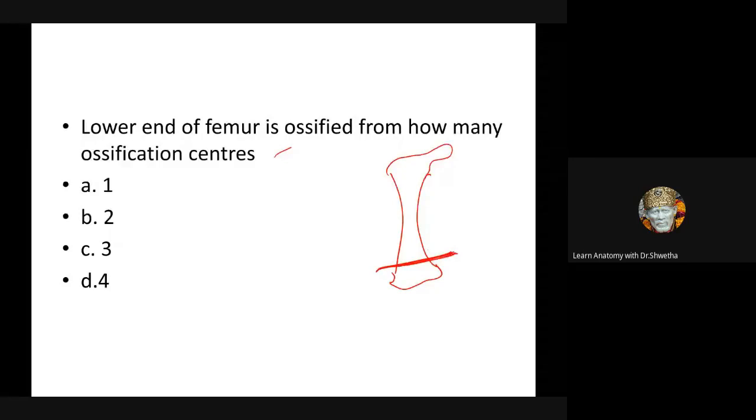Primary center appeared in the 7th week and it formed the shaft. Secondary centers for the upper end were three: one for the head, one for the greater trochanter, one for the lesser trochanter. The secondary ossification center for the lower end was one. When did this appear, students? Ninth month. Yeah, excellent.